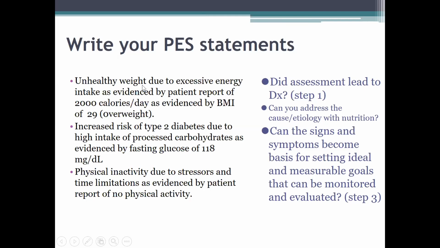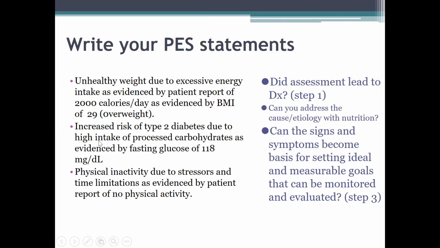So what caused the unhealthy weight? We picked out excessive energy intake. We know that that is true because she's eating 2,000 calories a day, which, if we calculated it out, would be more than what she needs.